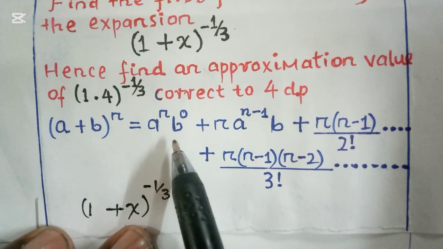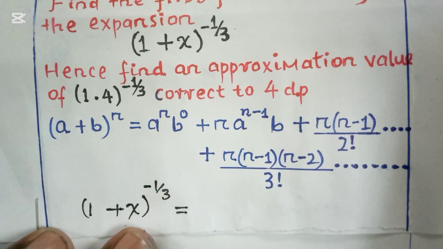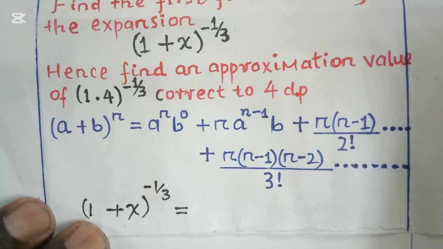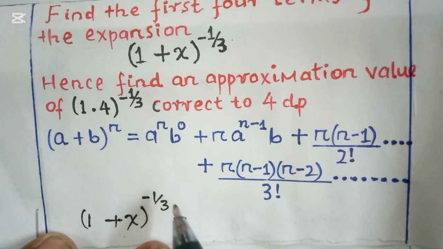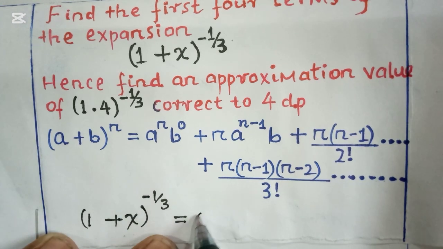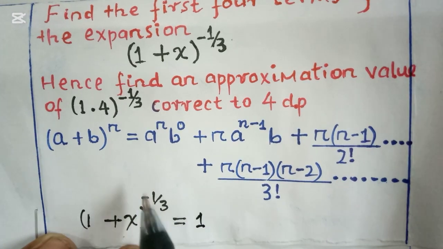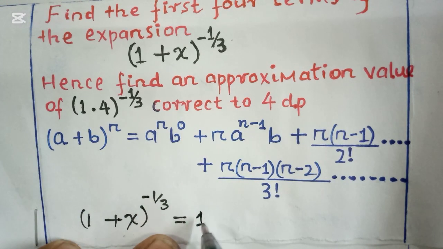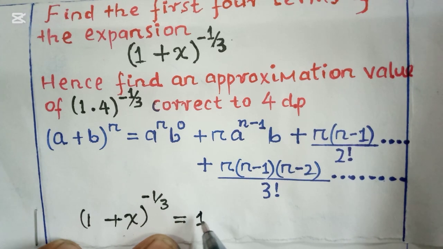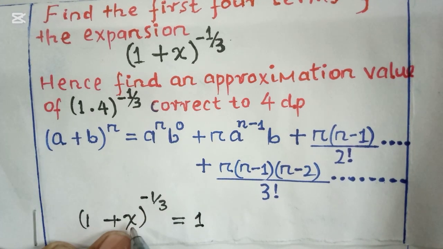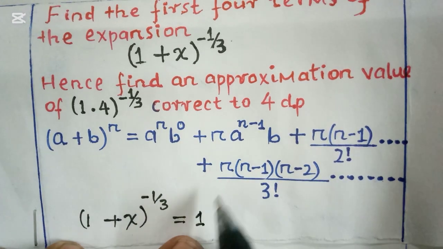When you raise 1 to any number, it remains 1. And so we shall have our a, since it is 1, we shall write 1 there. The one will be raised to n, which is in our case negative a third. As we have said, you raise 1 to any value, it still remains 1. And for b here, it is raised to 0, which also gives us 1.